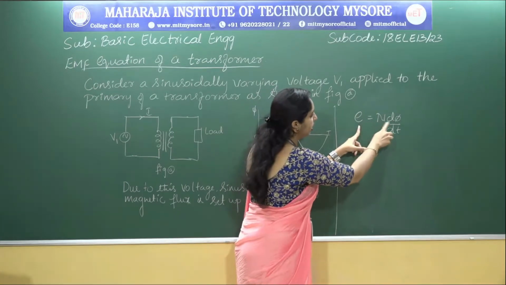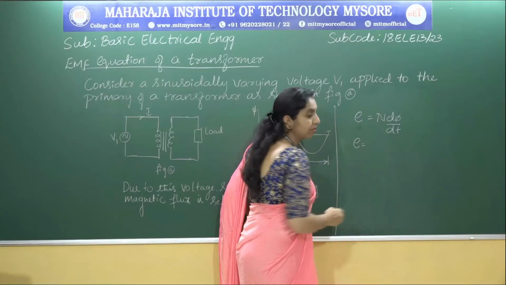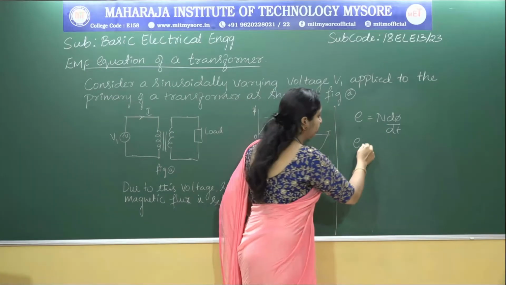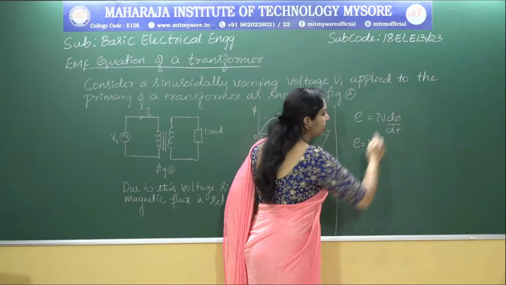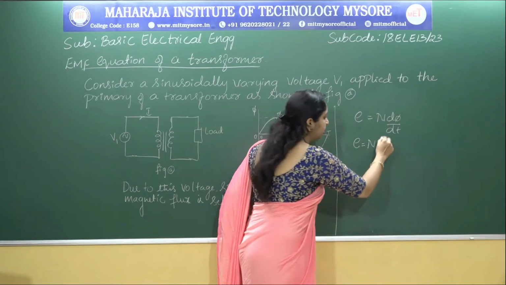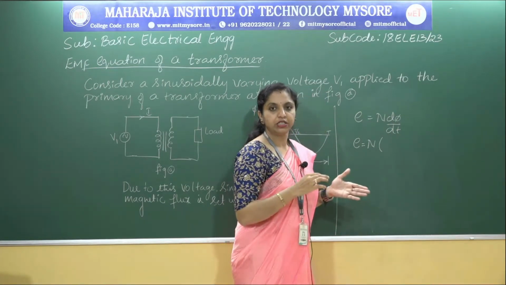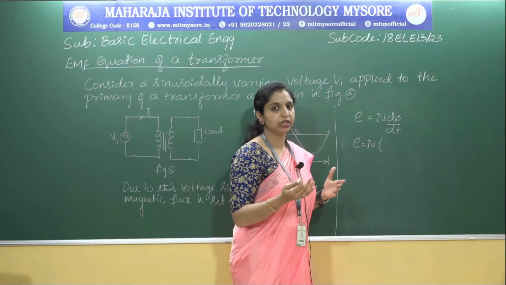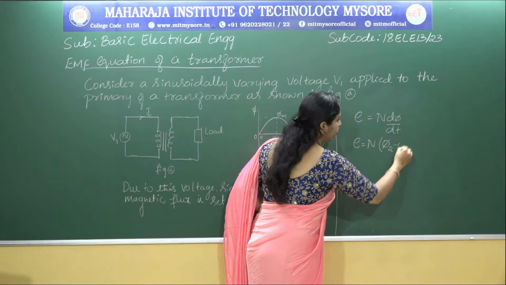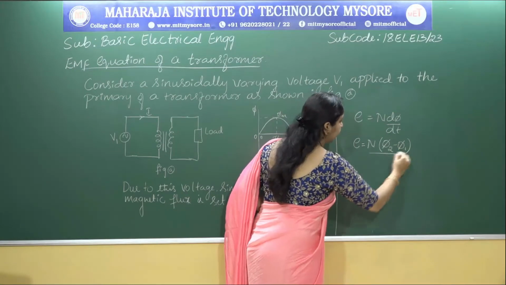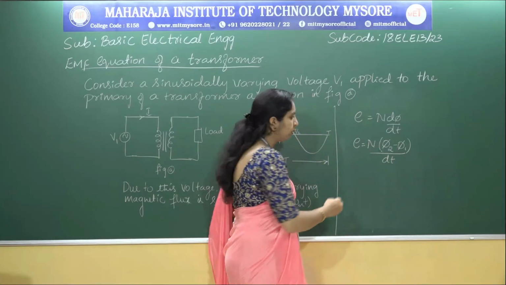N is the number of turns, and d phi is the change in flux, that is, the change between the maximum flux and the minimum flux. So I consider this as phi 2 minus phi 1, treating phi 2 as the maximum flux and phi 1 as the minimum flux.